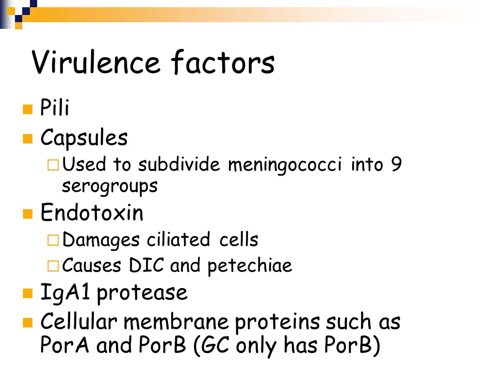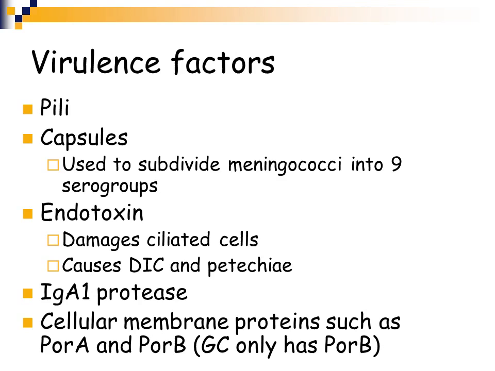So it does have pili for adherence. It can produce a capsule, and the capsule is what allows the organism, and Neisseria meningitidis is nicknamed meningococcus. So the capsule is what allows the organism to be subdivided into 9 serogroups.